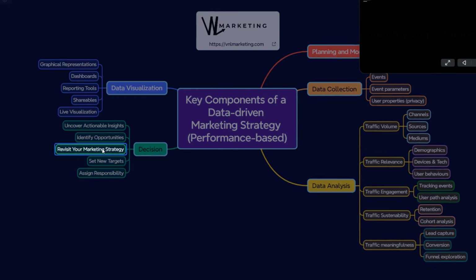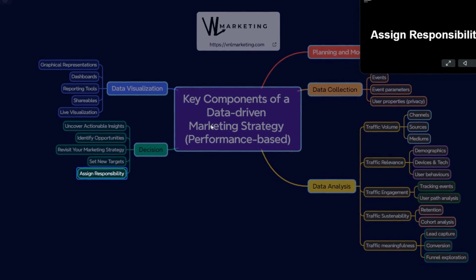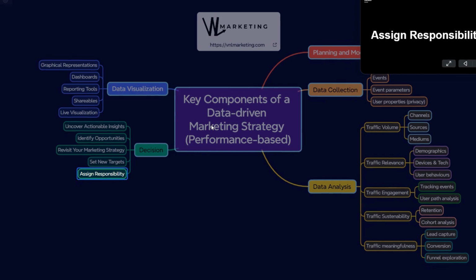And of course, that means you will have to revisit your marketing strategy in some ways and set new targets. You rejig your strategy, you set new targets, and of course, you assign responsibilities, and that can be to your marketing team, or you outsource some of these services to an expert.